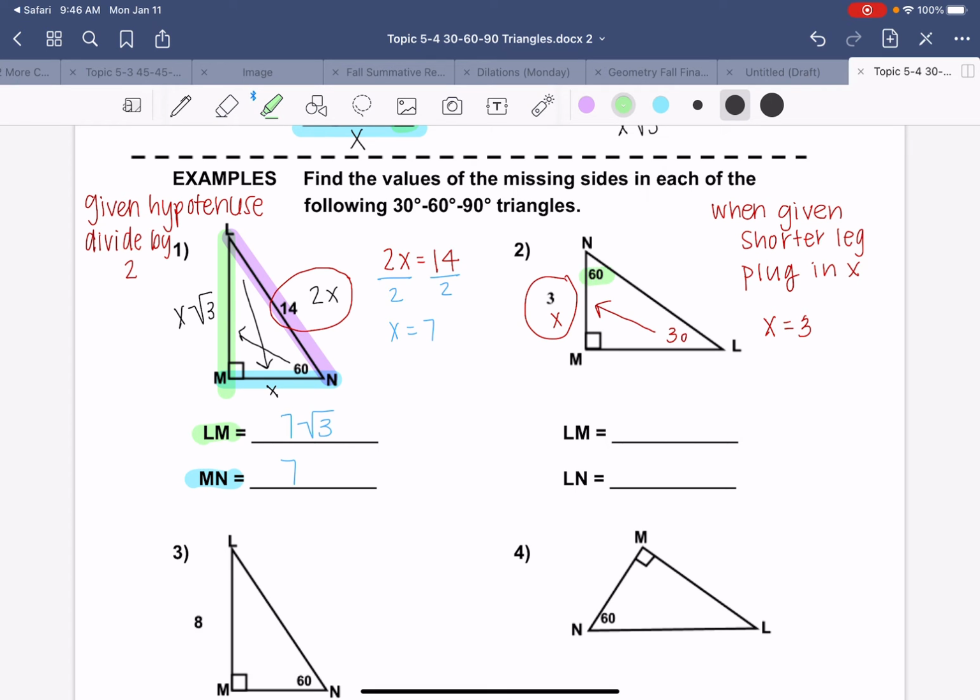The side length across from 60 is whatever that shorter leg is times the square root of 3, so LM is 3 times the square root of 3. And the side across from NL, which is the hypotenuse, is 2 times x, so 2 times 3, which is 6.